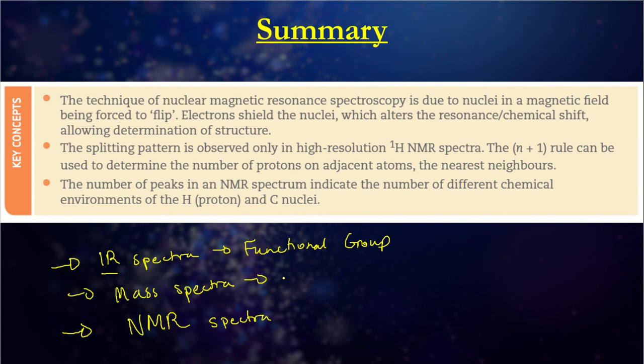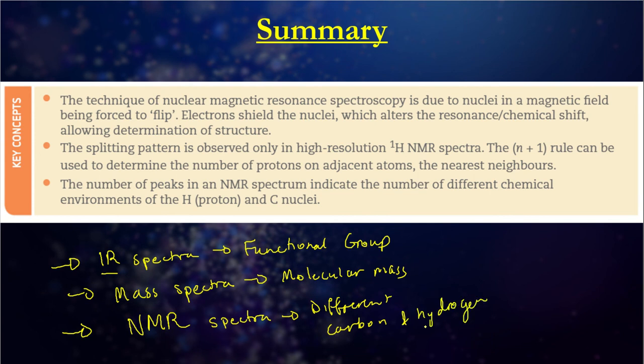Mass spectra is great for knowing the molecular mass. Nuclear resonance is really good at telling you the different carbon or hydrogen environments, but obviously there are limitations to all of them.